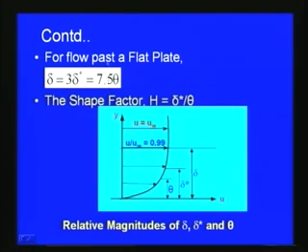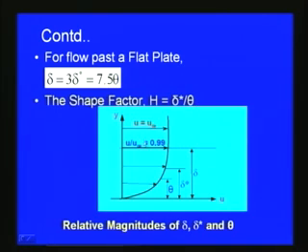So for flow past a flat plate, delta is equal to 3 times delta star is equal to 7.5 times theta, and then also one factor called shape factor, in general defined in literature, H is equal to delta star by theta. That means the ratio of the displacement thickness to momentum thickness is defined as the shape factor.